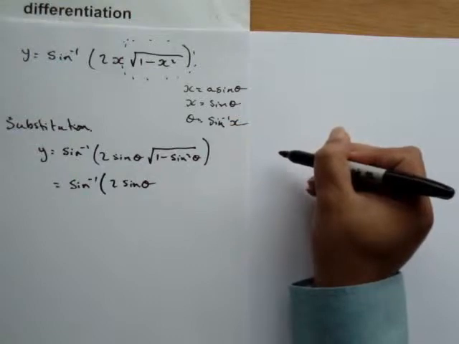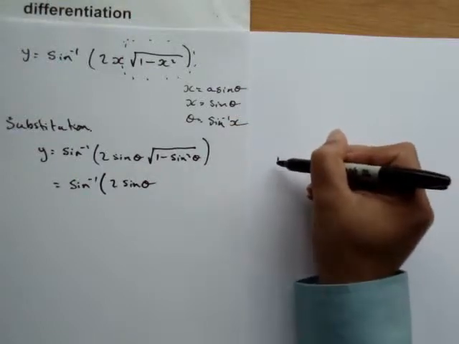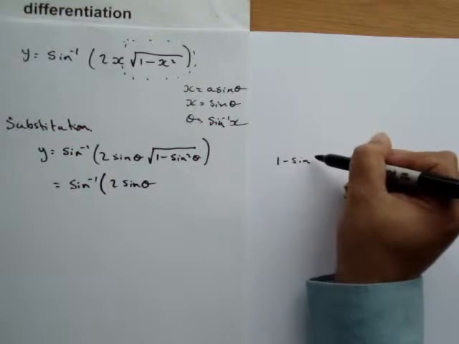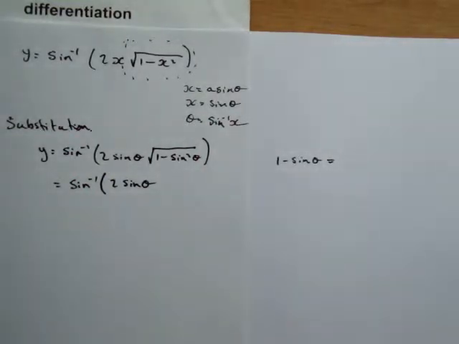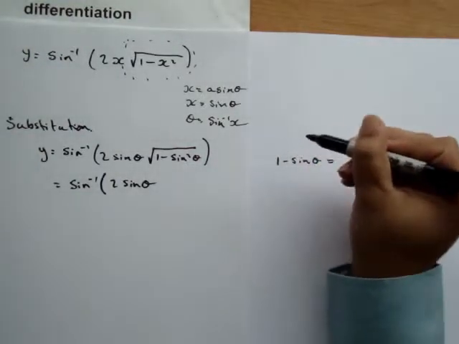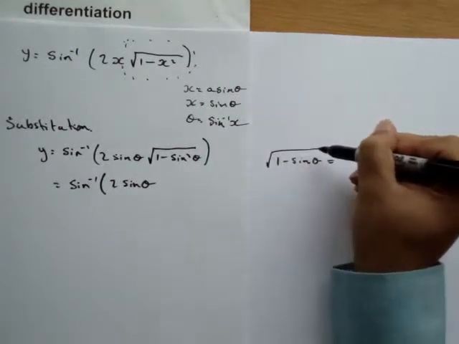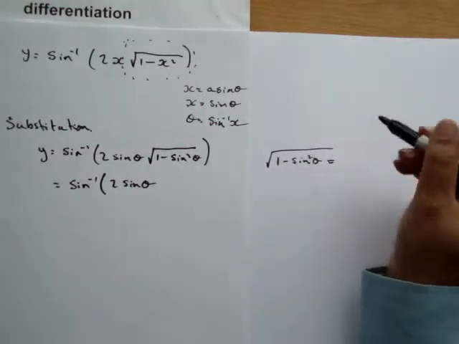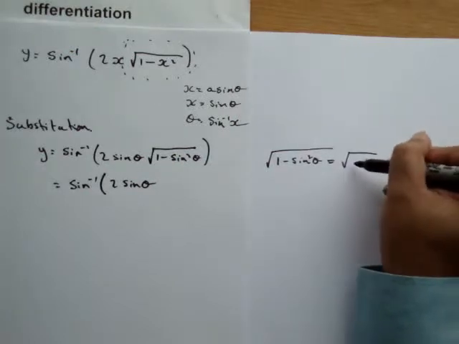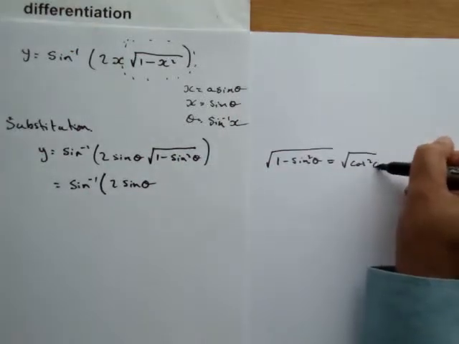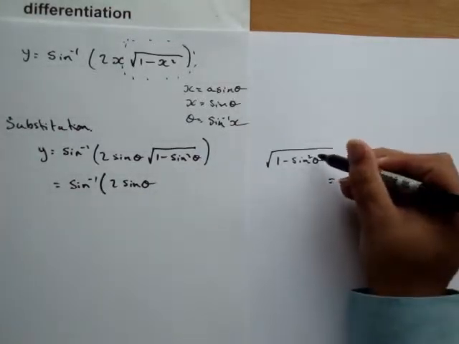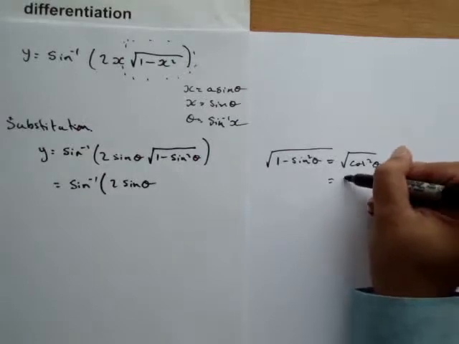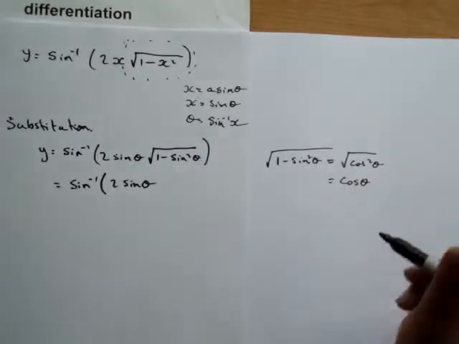We know that the square root of 1 minus sine squared theta is equal to the square root of cos squared theta. Therefore the square root of 1 minus sine squared theta is equal to cos theta.